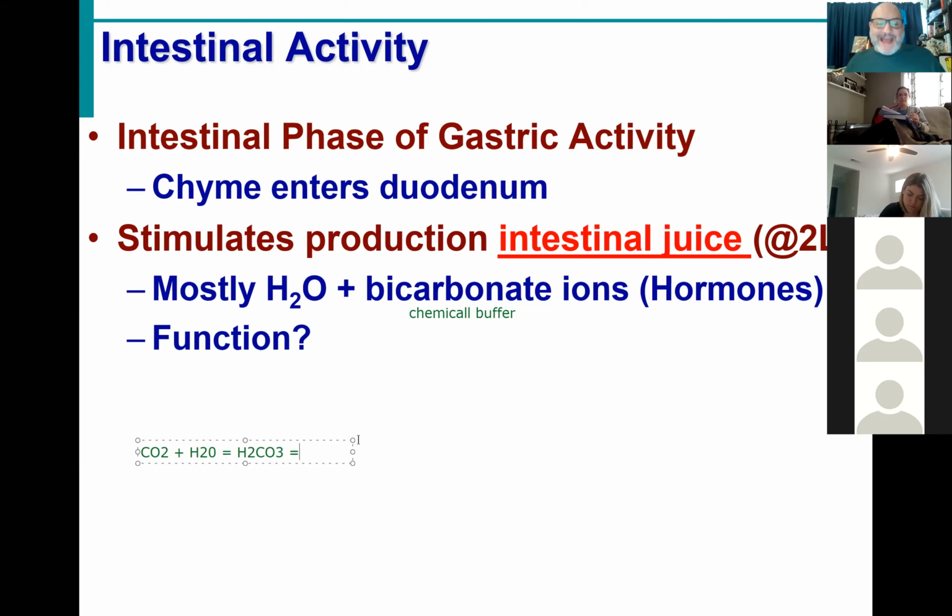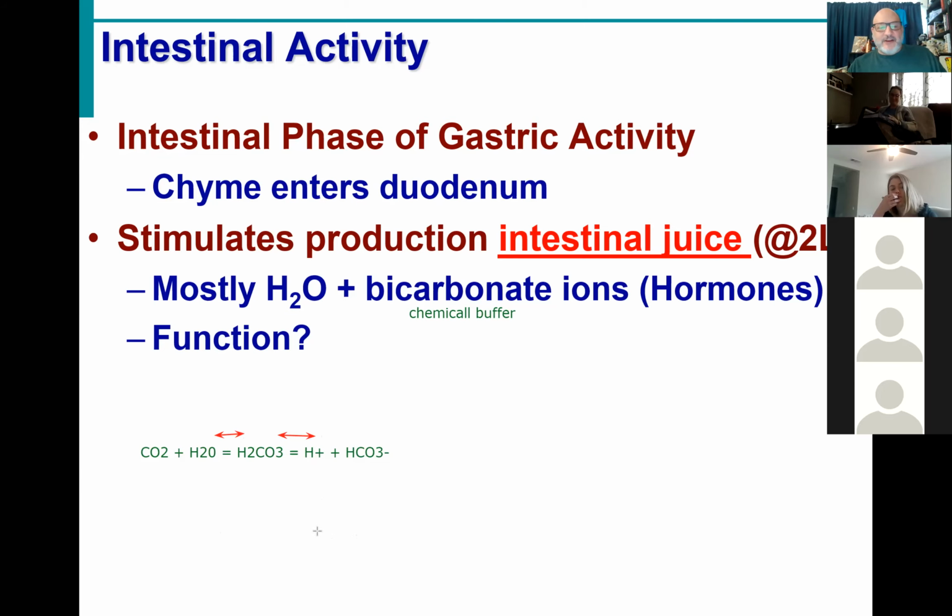However, carbonic acid, like all acids, is a hydrogen donor. So the hydrogen ion dissociates, and what you're left with is HCO3, which is a negative ion, and that is the buffer. What's great about this process is it is a reversible chemical reaction.